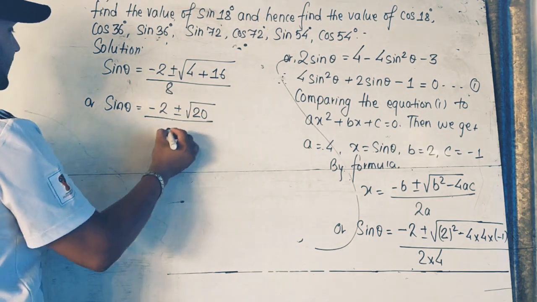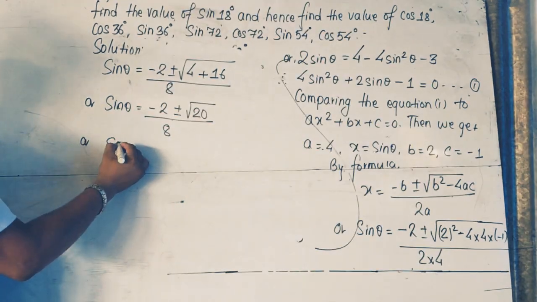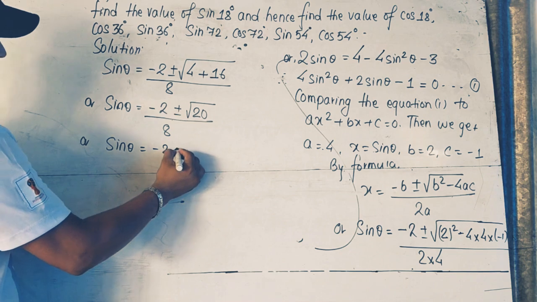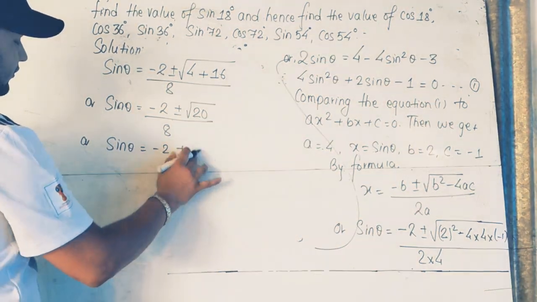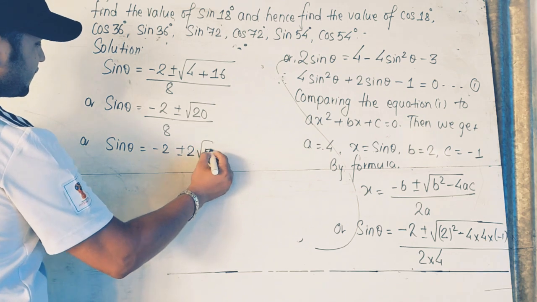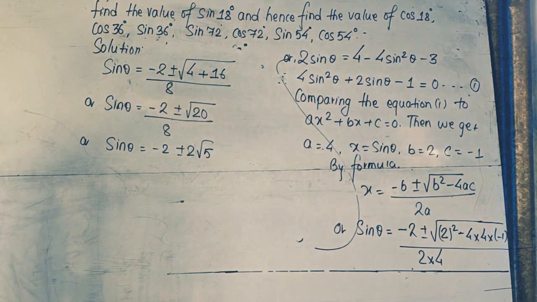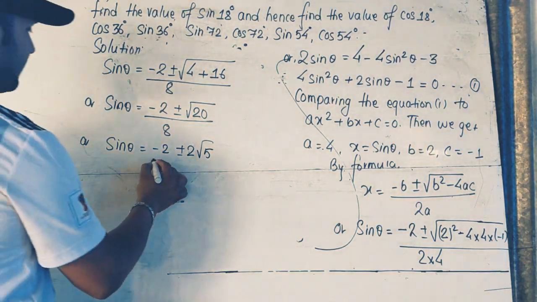Sine theta equals minus 2 plus minus root of 16 plus 4, which gives you 20, divided by 8. The square root of 20 is 2 root 5, we can do this easily. So sine theta equals minus 2 plus minus 2 root 5 divided by 8.